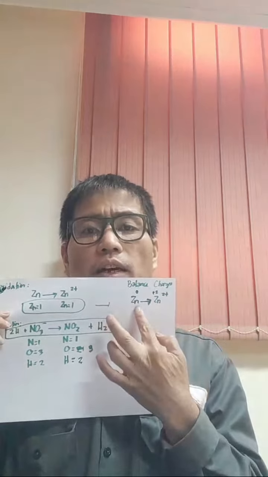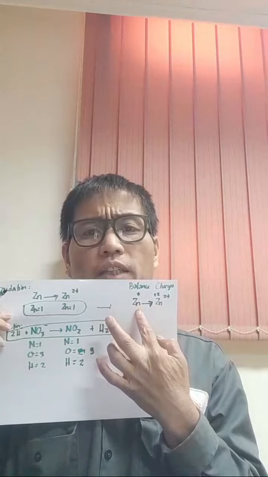And then zinc is 0 in a neutral state. So balance it. Positive 2 plus X is equal to 0. So X is equal to negative 2.